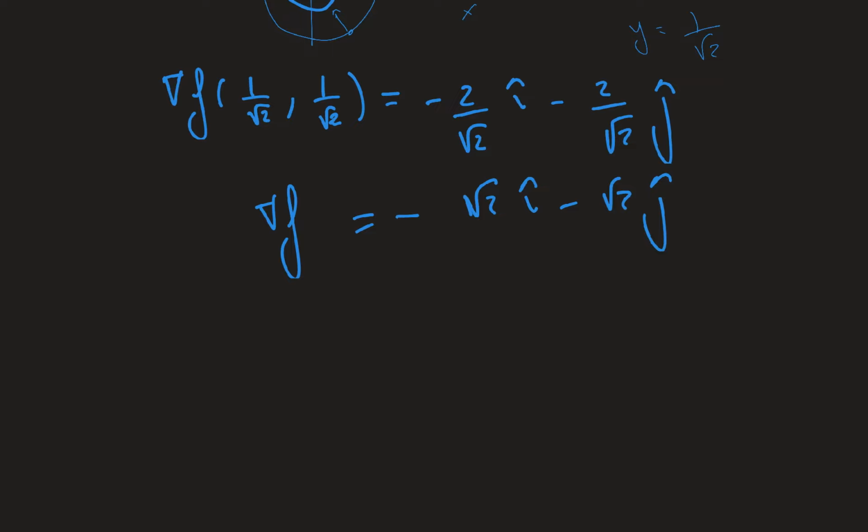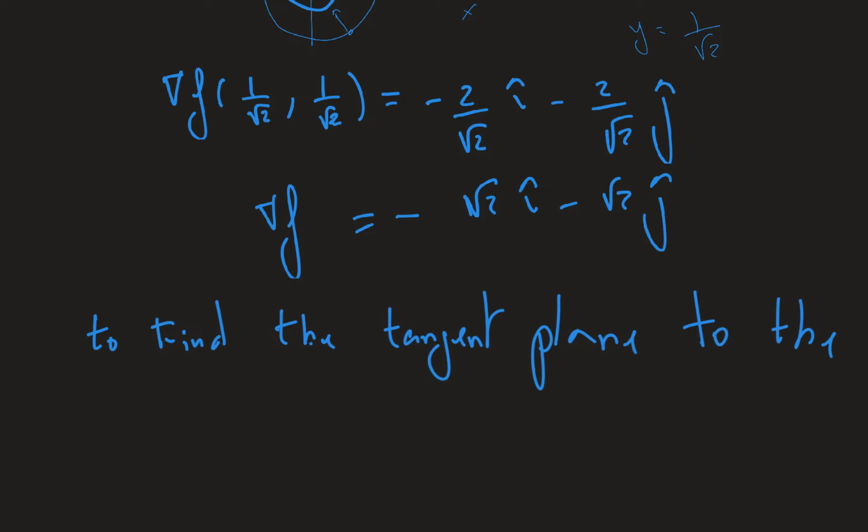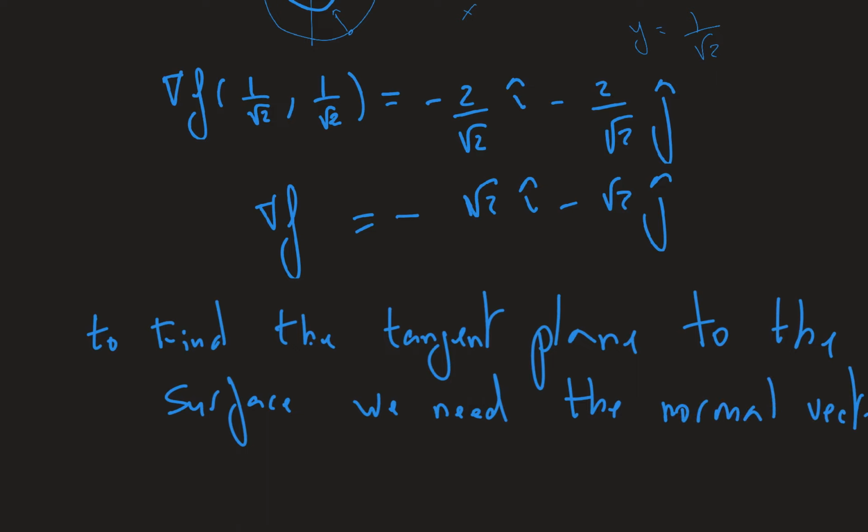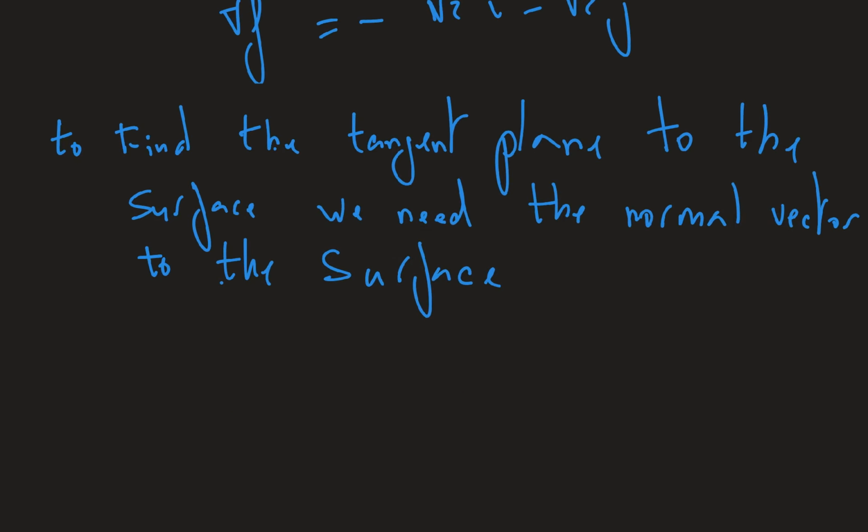To find the tangent plane to the surface, we need the normal vector to the surface. And how will we find the normal vector to the surface?